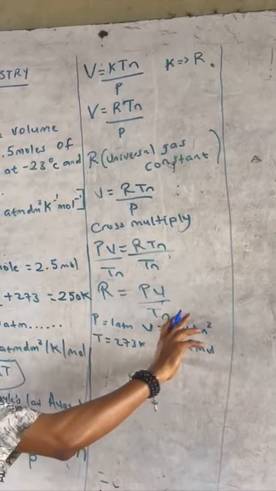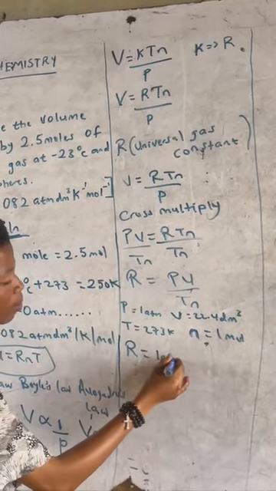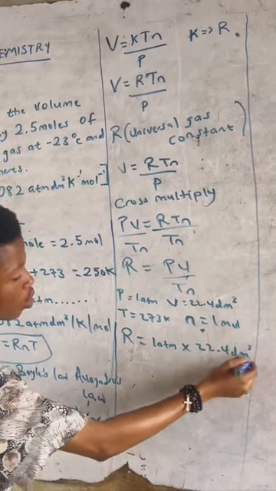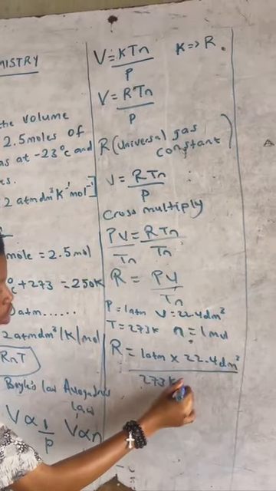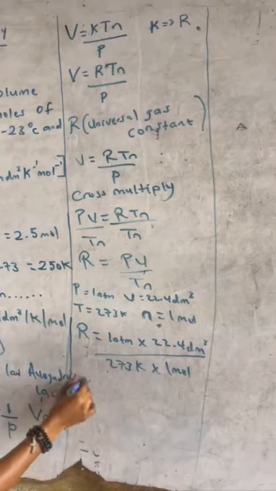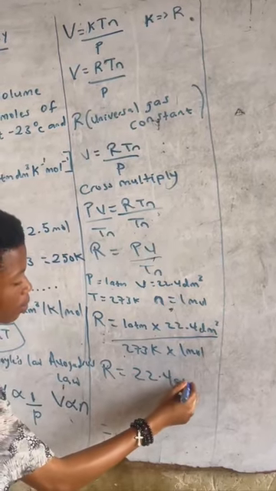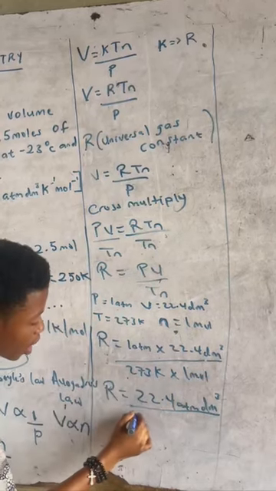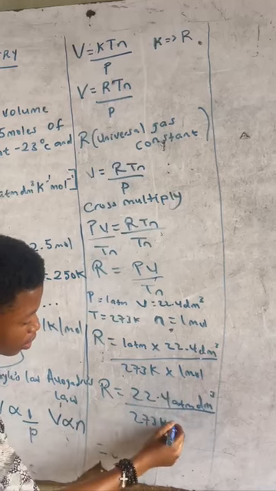From here now, let's substitute all these into the equation. So we have R equals our pressure 1 atm times our volume 22.4 dm³ over our temperature, 273 Kelvin, times our number of mole, 1 mole. R equals 22.4 atm dm³ over 273 Kelvin mole.